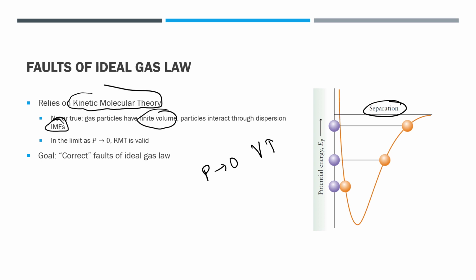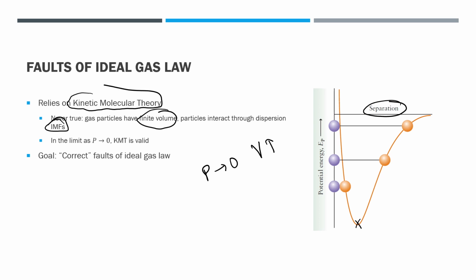But in reality, there's a sweet spot separation. If the particles get really close together, the potential gets really high. Why? Because there's a large repulsive force due to the particles' overlapping electron clouds. But when the particles are really far apart, the potential also gets higher. Why?